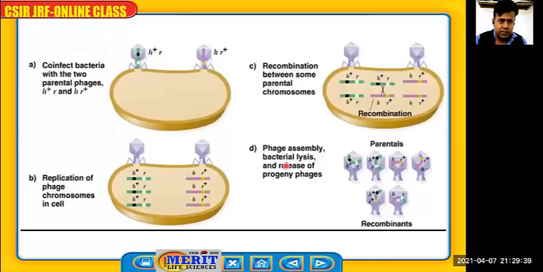So here you can see the bacteria are co-infected by two different parental phages. One is h plus r, and another one is h r plus.